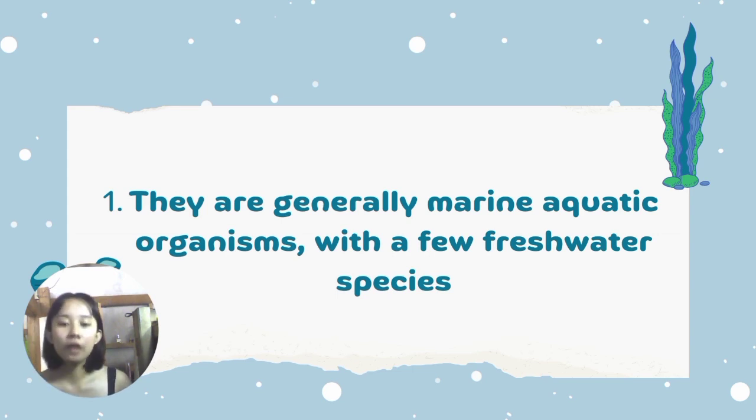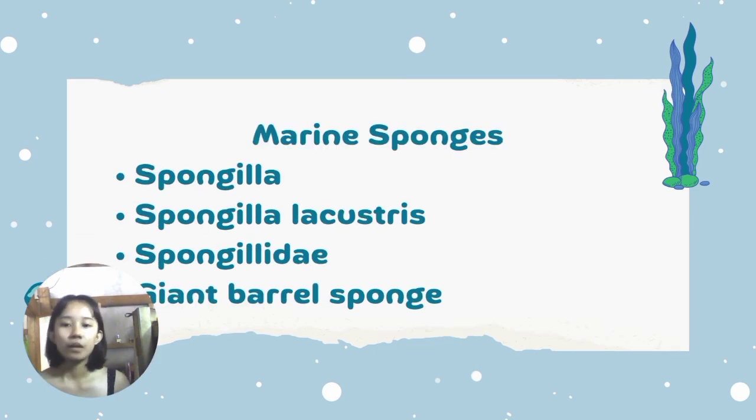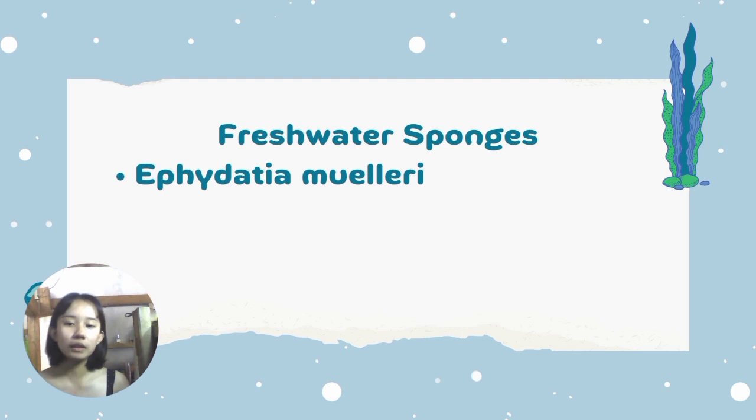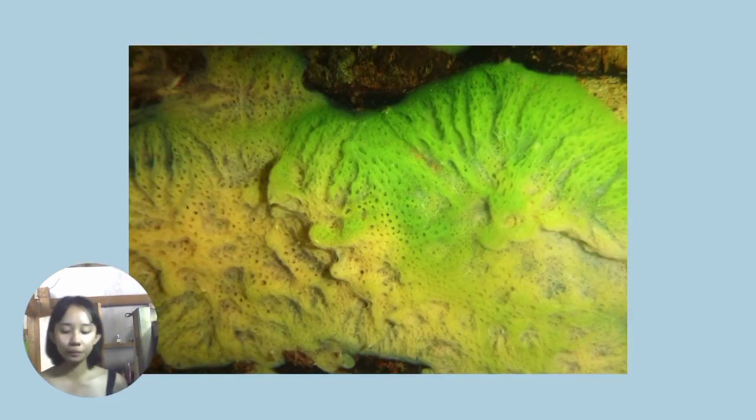So, here are some examples for the marine life, such as Spongia lacustris, Spongilidae, and giant feral sponge. The next one is the freshwater sponge, the Ephydatia mulleri. So this is what it looks like.